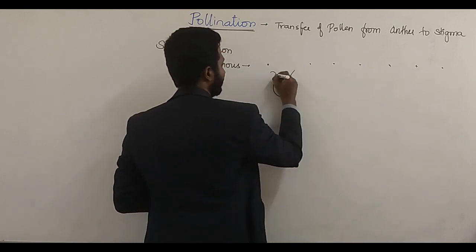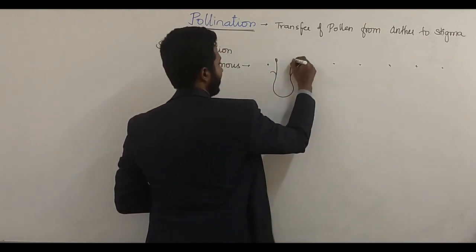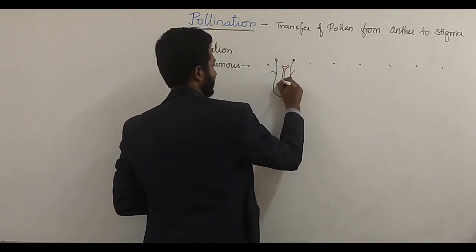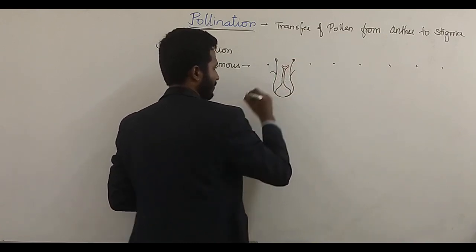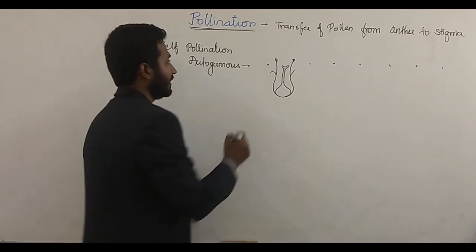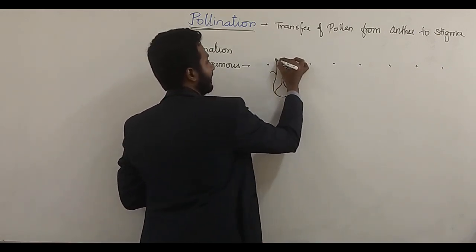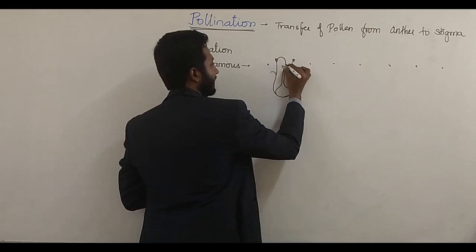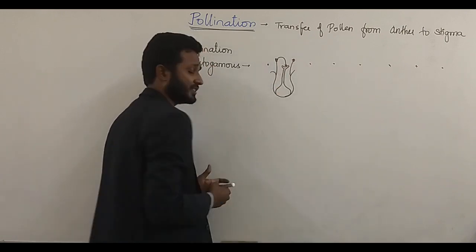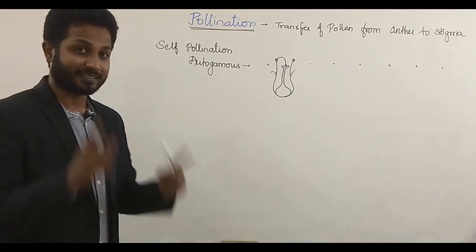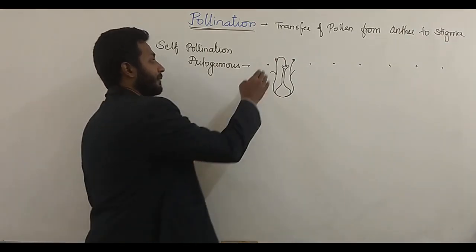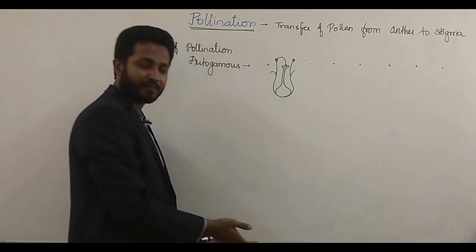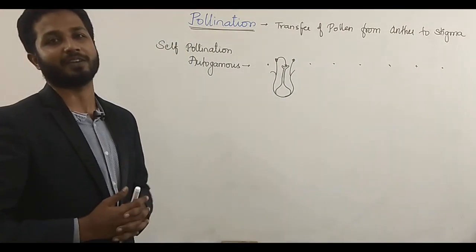If I have to draw the flower, say this is the anther, and you have stigma, style, and a swollen base called the ovary. So what will happen over here? Anther will dehisce and release pollen grain. The pollen grain will fall onto the stigma of the same flower. This condition where pollen of the same flower falls onto the stigma of the same flower is known as autogamy.